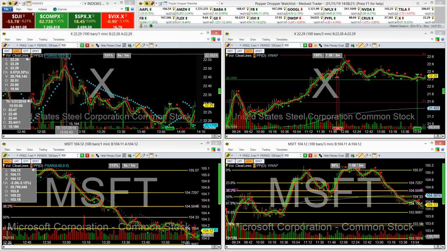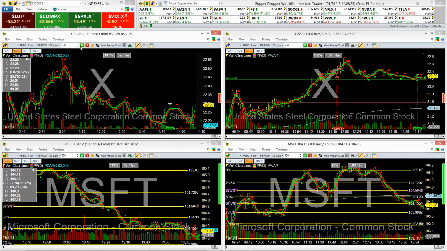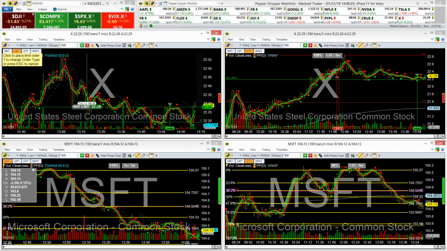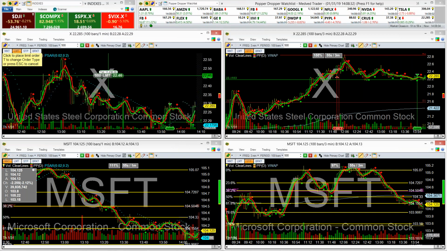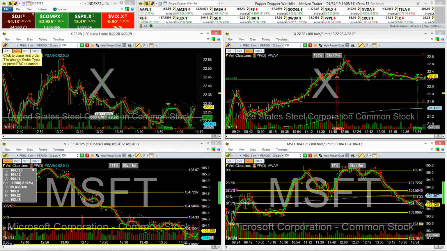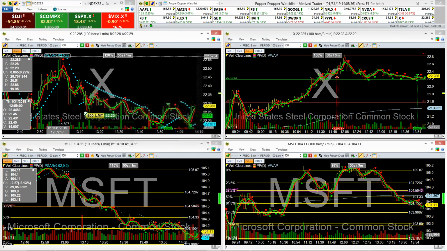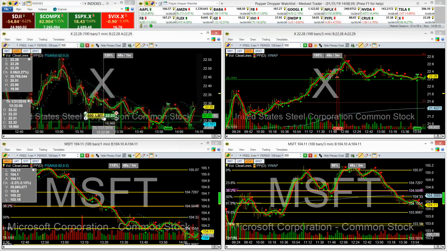And so let's say I'm going to buy it. I can move my capsule wherever I'm trying to get in. Once I find the spot, I click the left mouse button once, and that sets it.